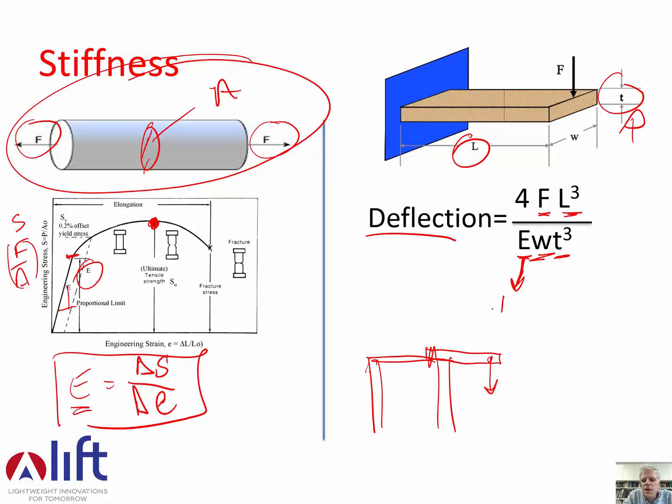This drops by about 1/3, but this goes up. This is 3 to the third, so it's 3, 9, 27 times larger in that term. So the thing actually gets way stiffer if you make this out of aluminum versus steel.